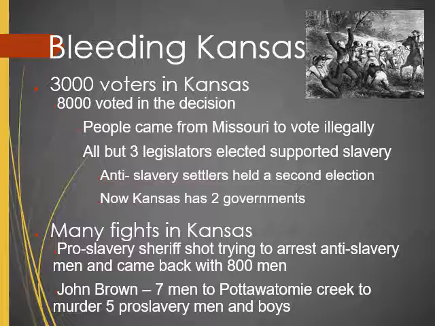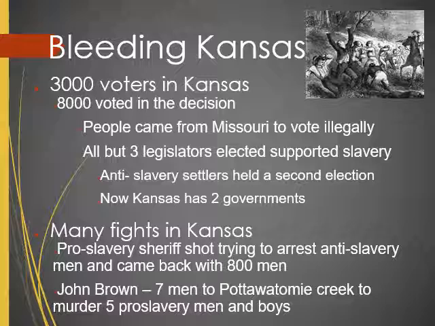One of them that happened, a pro-slavery sheriff was shot because he tried to arrest some anti-slavery guys. He ended up having to leave because he got shot, and by the time he had fixed himself up and was ready to go again, he came back with 800 men and attacked the town.